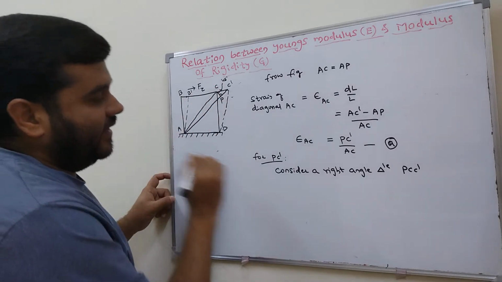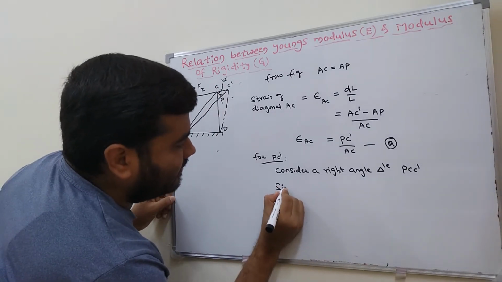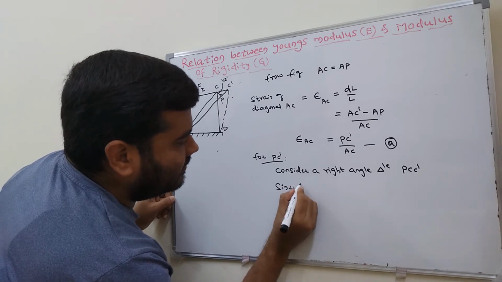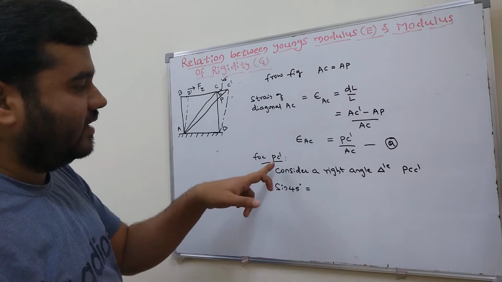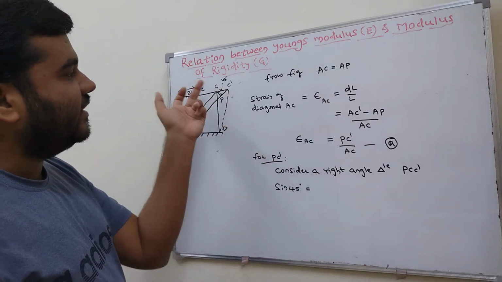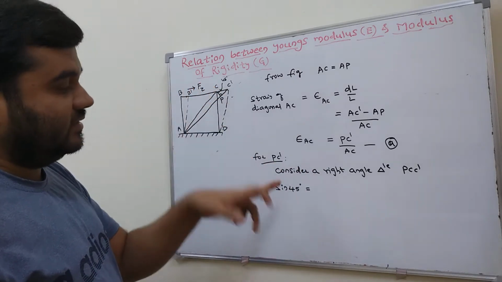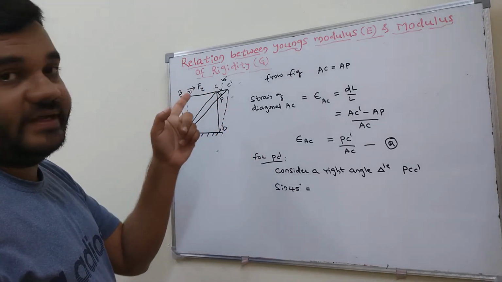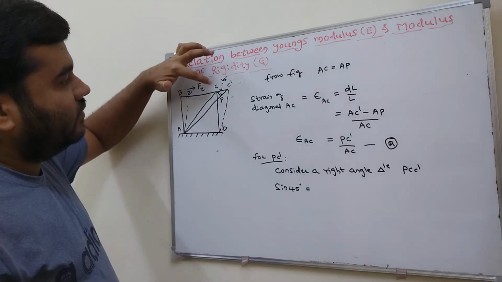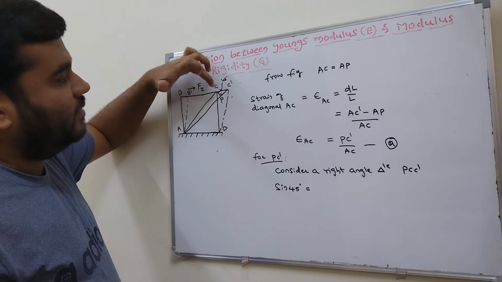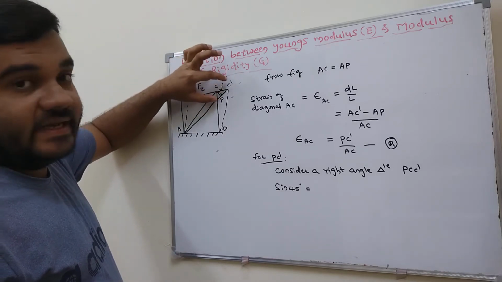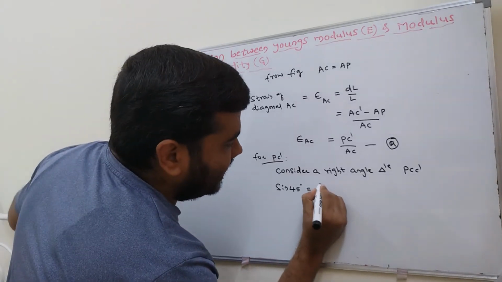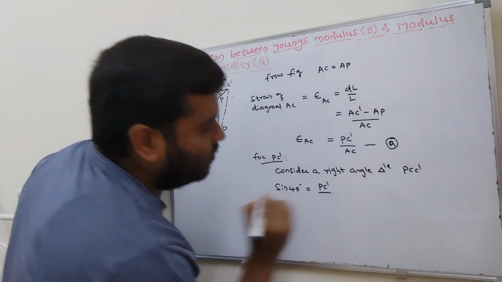Okay, I'll take sine of 45 degree. Why am I taking sine of 45 degree? Because I want PC dash, and PC dash is related to the sine quantity. Sine 45 equals opposite by hypotenuse. Which one is opposite here? PC dash is the opposite side.